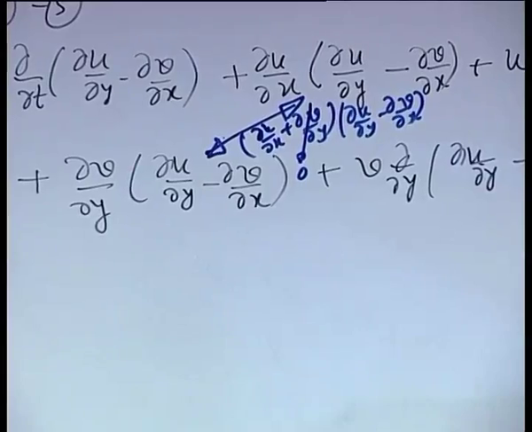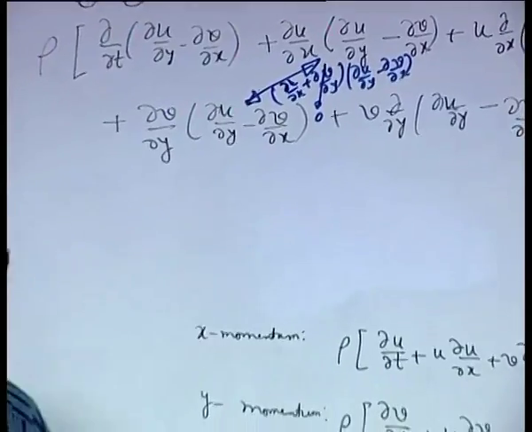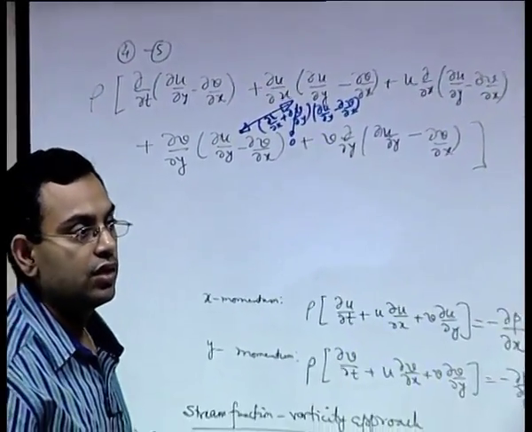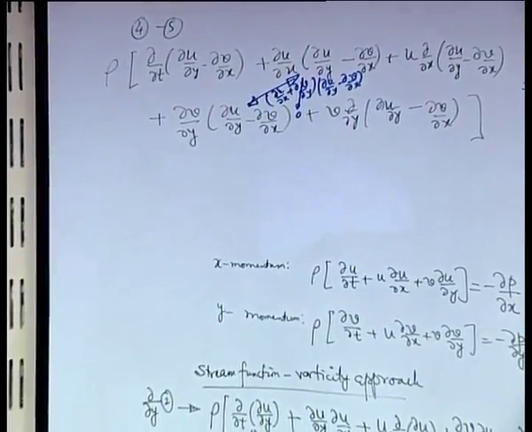In all other terms you can see that there is a common parameter del u del y minus del v del x. So, del u del y minus del v del x is what?